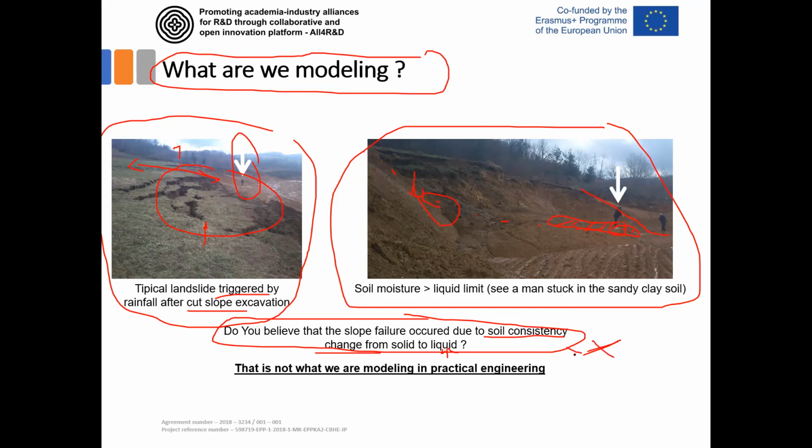Actually, that's not the case. That's not the principle that is used in numerical simulation, in numerical modeling of this kind of scenario. And the influence of water is absolutely different.